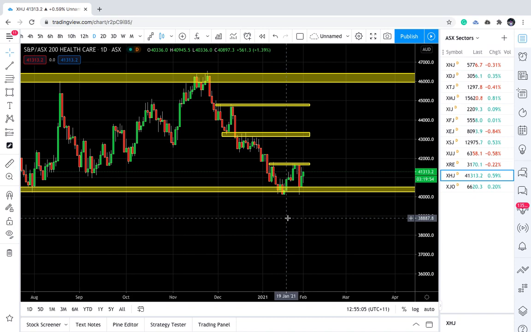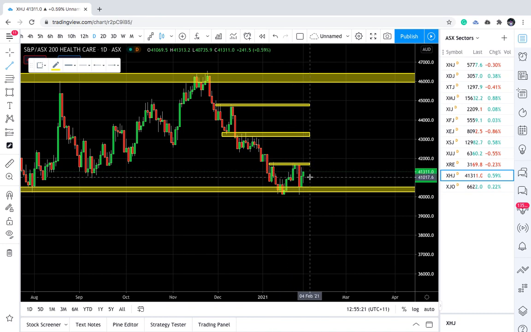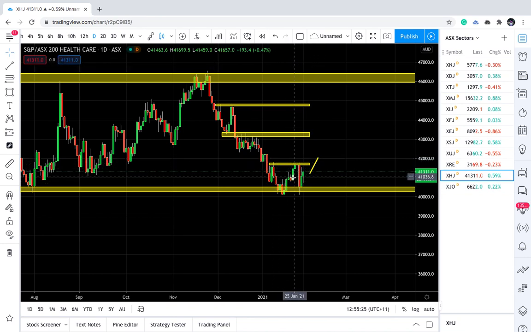The daily chart looks really nice. Why is that? Because price bounced from this support level here, went up, went down, up, and created a small range in the daily time frame. What we are anticipating now is that price would break above. Once it breaks above this level, then we can assume that bullishness may continue.